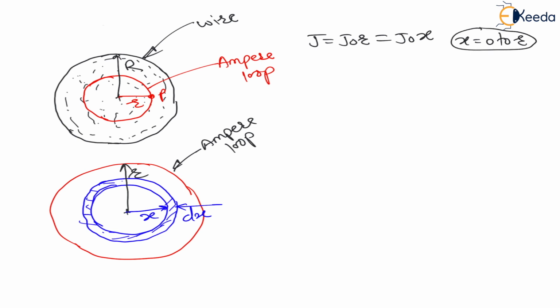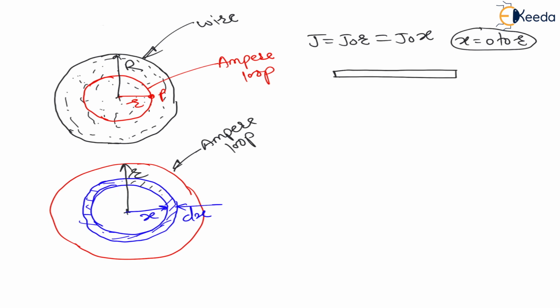Inside the loop we have to calculate, so 0 to small r, not capital R, because we are calculating inside. Inside the loop we are finding current. Then r will change from 0 to capital R, don't worry about that. x is changing from 0 to r, but r is changing from 0 to capital R. So my dear students, here this J is for this very small elemental ring. If I open this ring, this will look like this.